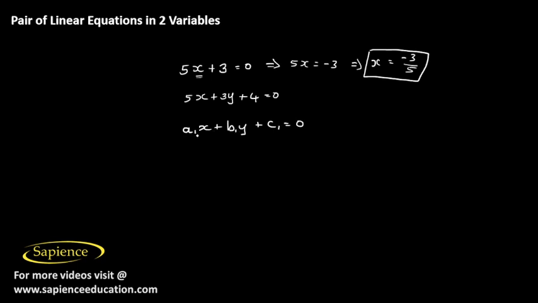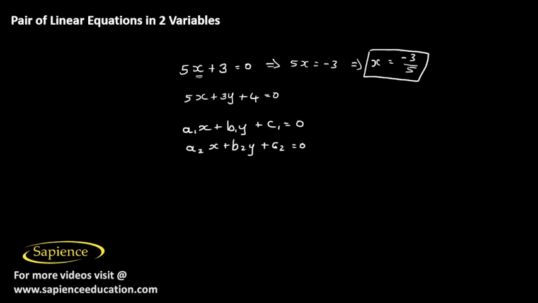Let the coefficients of x, y and the constant be numbered 1: a1, b1, c1, and I'm having a second equation, which is a2x plus b2y plus c2 is equal to 0. Now with these two equations we can find the solution of x as well as y. That is why the chapter's name is pair of linear equations in two variables.